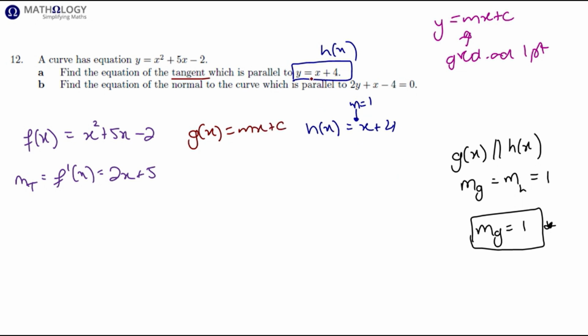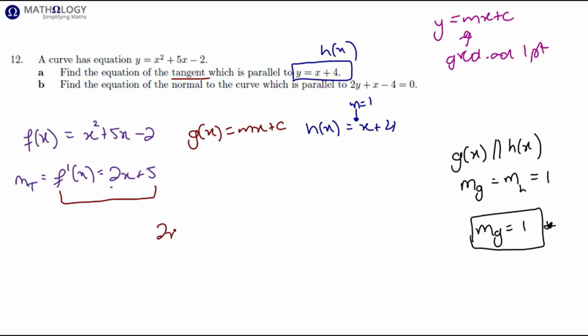Now we need to, as before, find the point of contact. The gradient of g is 1, and the gradient of a tangent to f of x is represented by f prime x, which is 2x plus 5.